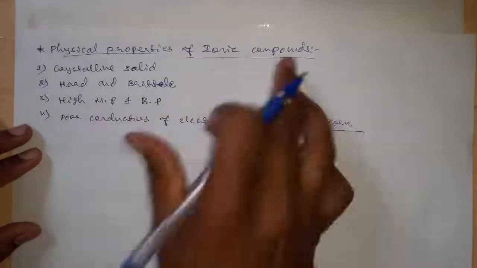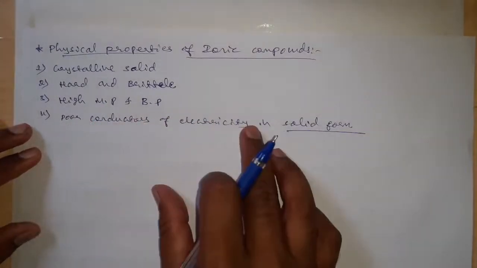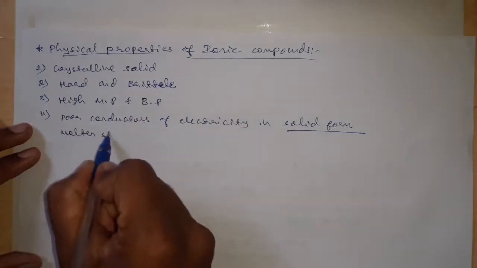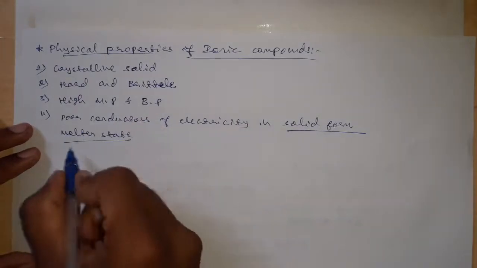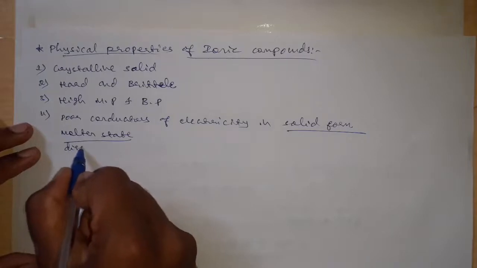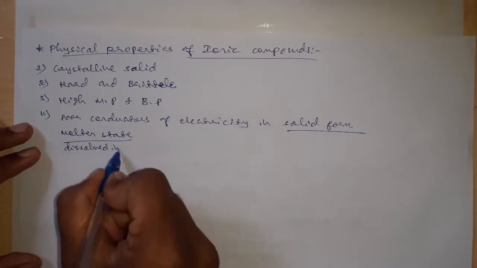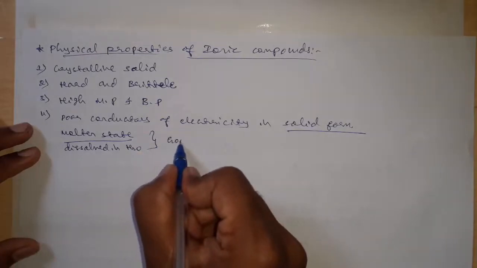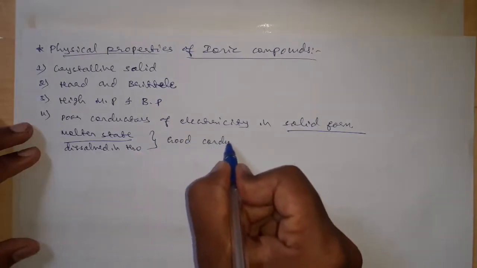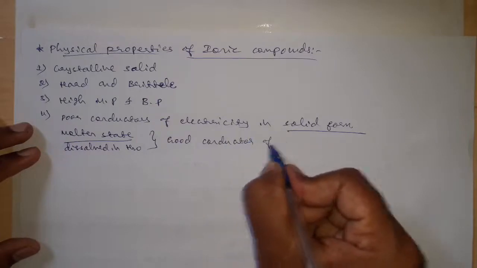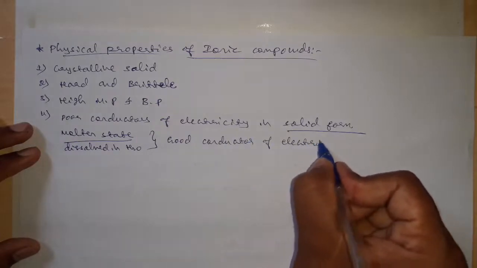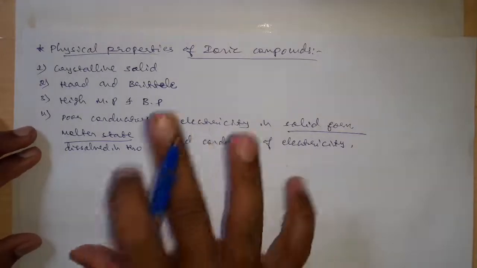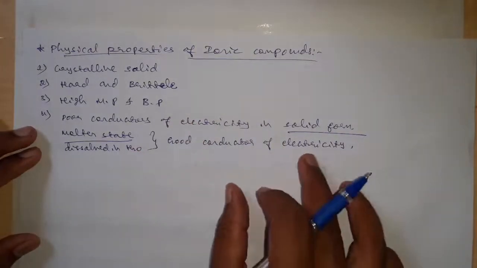In solid form, these ionic compounds are poor conductors of electricity, but in molten state or when dissolved in water, these will behave as good conductors of electricity. Why? Because here the ions are responsible for the conduction of electricity.